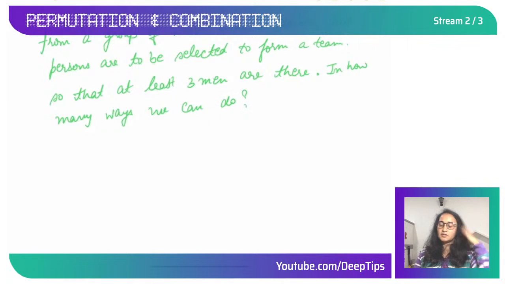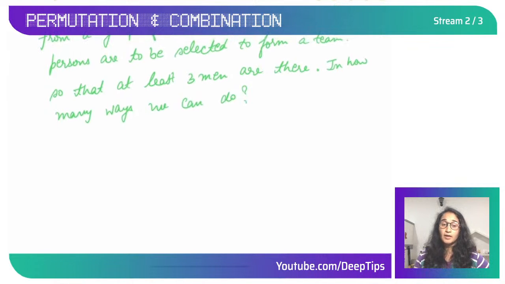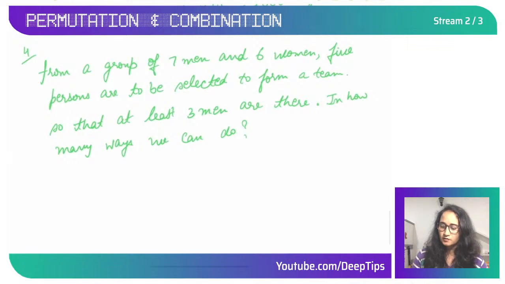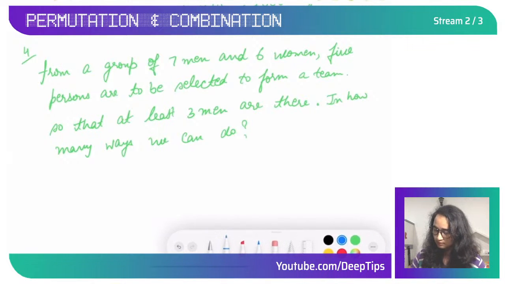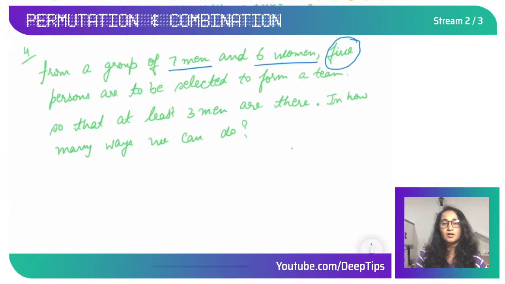Okay children, now let's read this question. From a group of 7 men and 6 women, 5 persons are to be selected. This is the information given in the question, that I have 7 men and 6 women, but I have to select a team or a committee of 5 people, right?